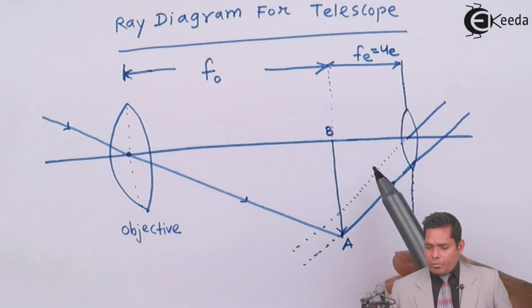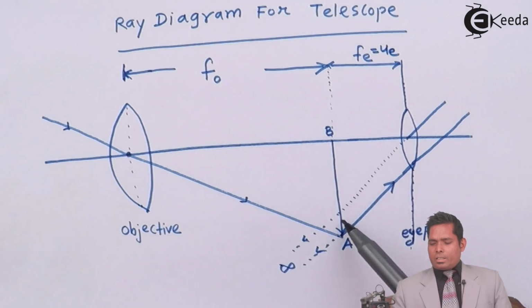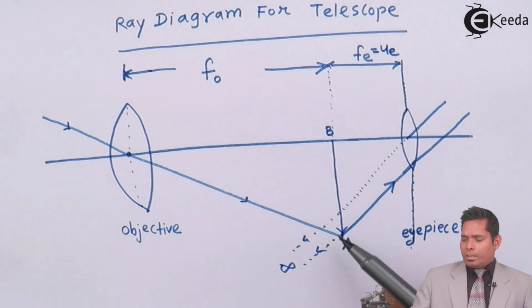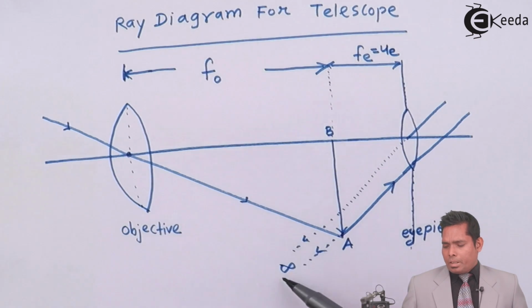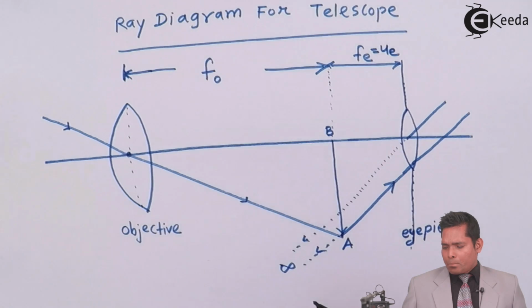If you see from here, if they exactly focus, then this will run up to infinity. If these rays are extended in the backward direction, this will meet at infinity. So the final image will be formed at infinity.